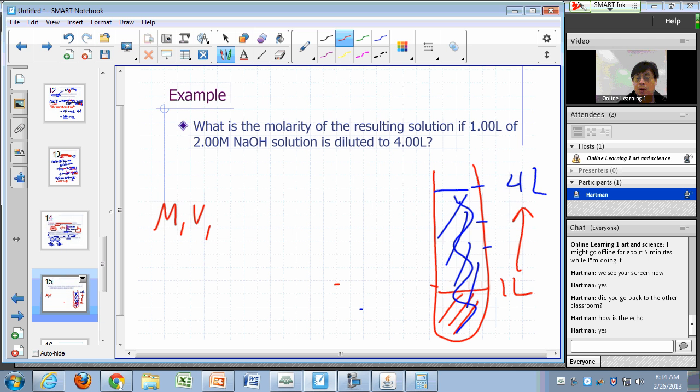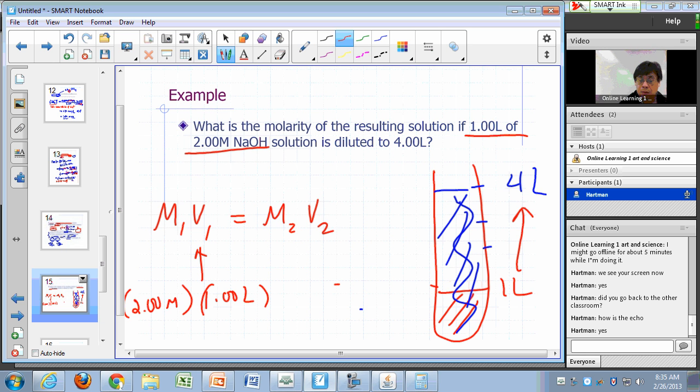You can say M1V1 equals M2V2. So what do I have before? 1 liter, 2 molar. Okay, so before I did my dilution, I have 1 liter, and I have 2.00 molar. That's the molarity before.